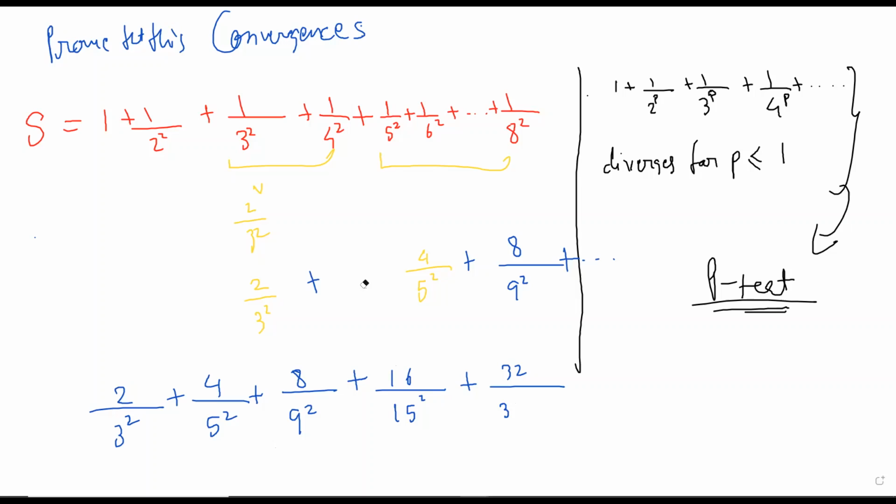No, what am I saying? Not 15, 17. 17 square, right? So the general term would be 2 to the power n over 2 to the power n plus 1, square. You're right. Now, if you can show that this converges, then you are done.